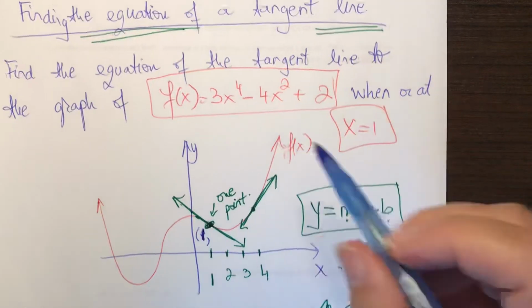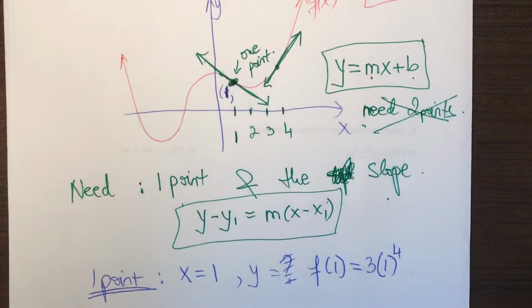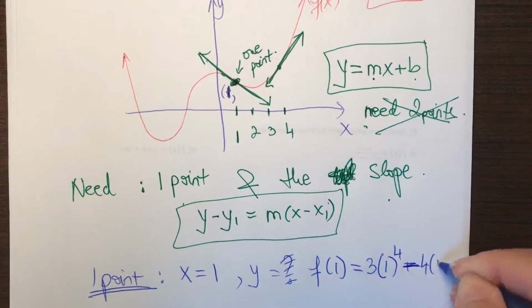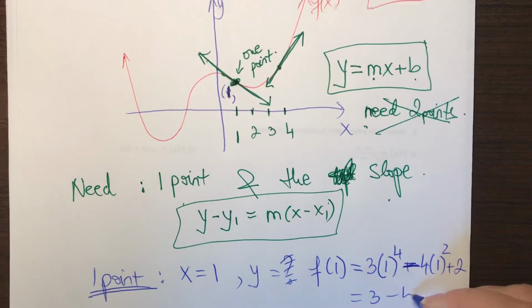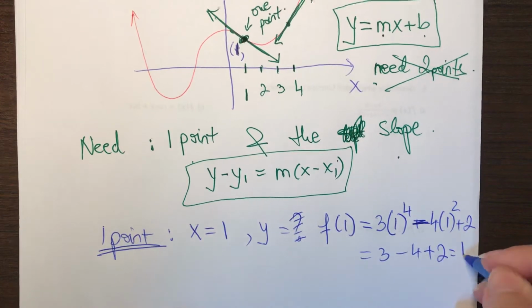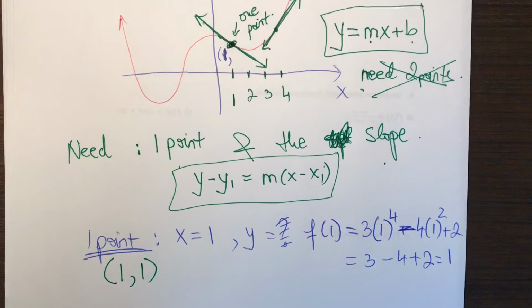Well, I'm going to plug it in. So it says 3 times 1 to the 4th, minus 4 times 1 squared plus 2. So that's 3 minus 4 plus 2, which equals 1. Okay, so I know the point has coordinates (1, 1).